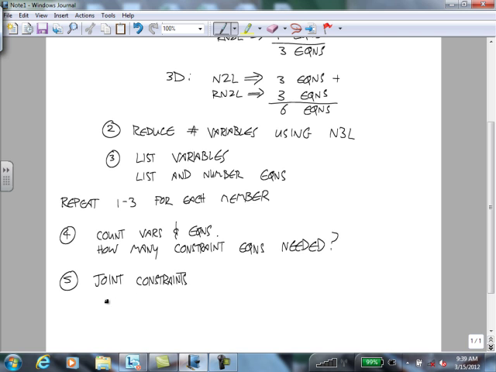What equations do you use to define that joint constraint? You'll use this one.